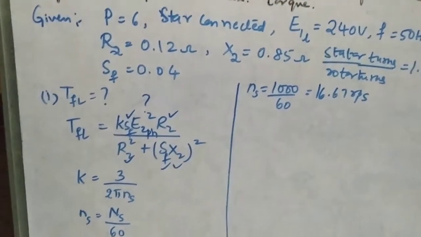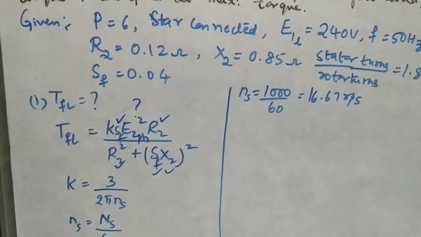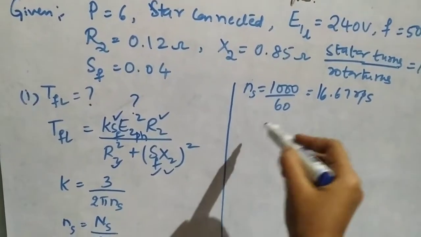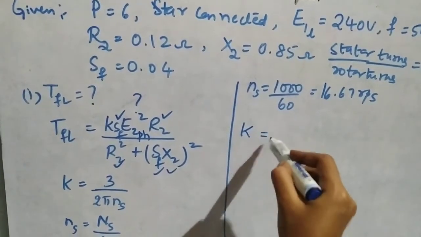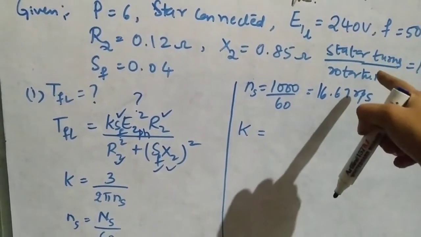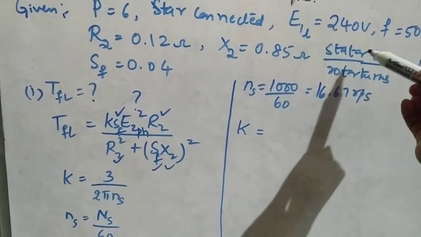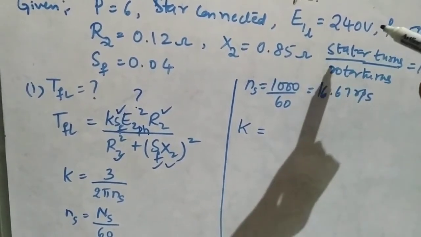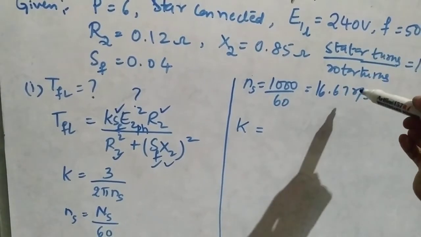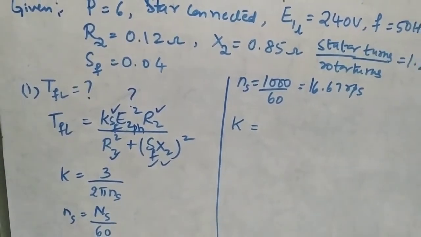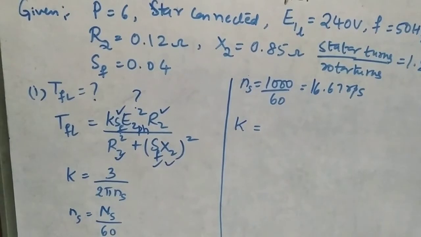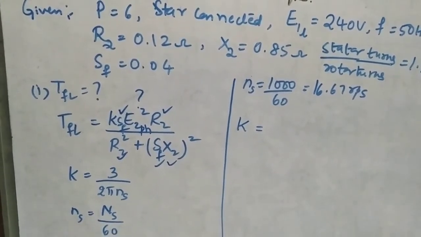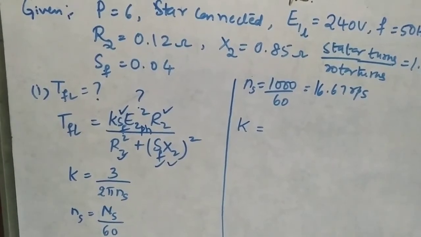Now our aim is to determine the E2 phase. To determine the E2 phase, you should know the turns ratio. Here they have given primary to secondary, because stator is considered as primary and rotor is considered as secondary. It is given as primary to secondary equal to 1.8. But what is turns ratio? Always it is N2 by N1, that is the rotor turns divided by stator turns.